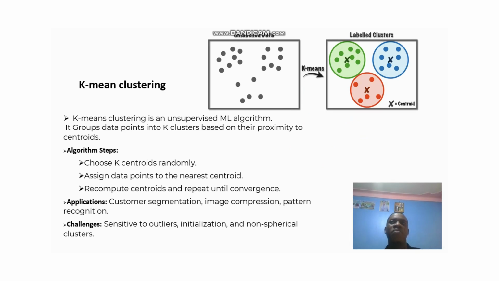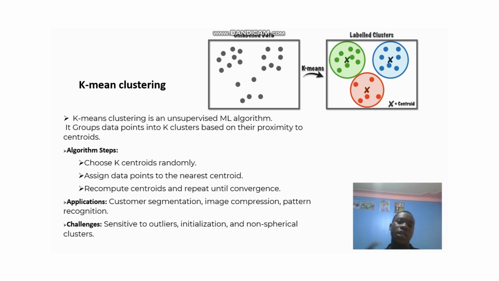Another one we have is K-means clustering. This is also an unsupervised machine learning algorithm, and it groups the data points into clusters based on their proximity to the centroids. Centroids are just center points in a given cluster of data points. So how does it work?